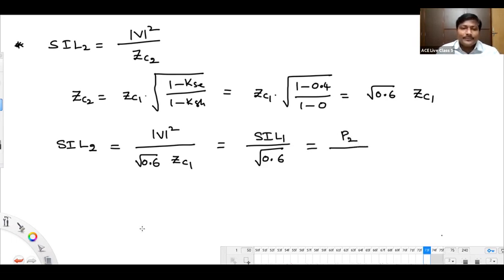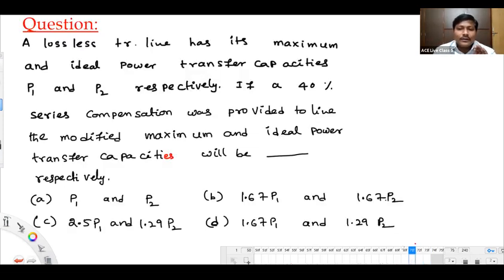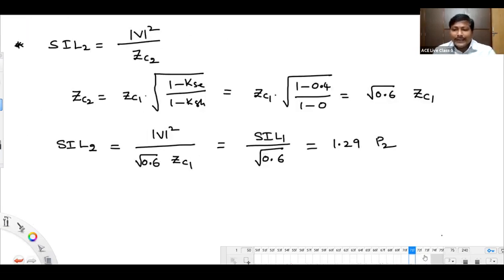What is 1 by root 0.6? I think 1.25 something. 1.29, good. 1.29 times of SIL1, which I am replacing with P2. These are the Pmax2 and the SIL2. Just check back. That is option D. 1.67 P1 and 1.29 P. So the correct answer from the options given will be D.